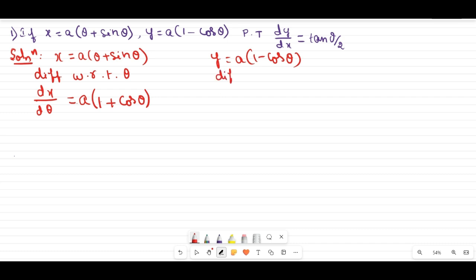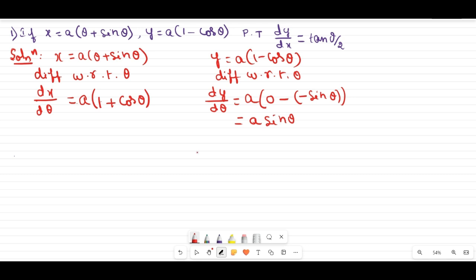Again, let me differentiate y with respect to theta. dy by d theta is equal to a constant, keep it as it is, the derivative of 1 is 0, minus the derivative of cos theta, which is minus sin theta. Simplify this: minus into minus is plus, so dy by d theta is a sin theta.